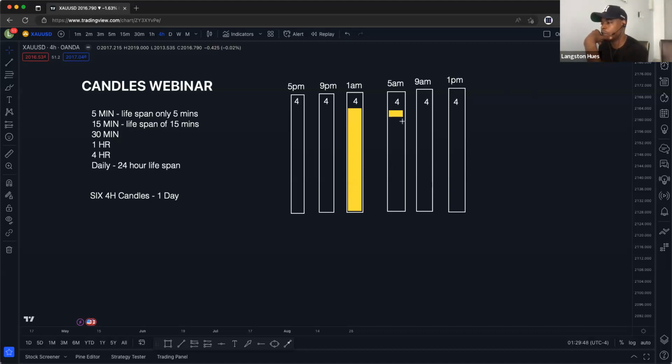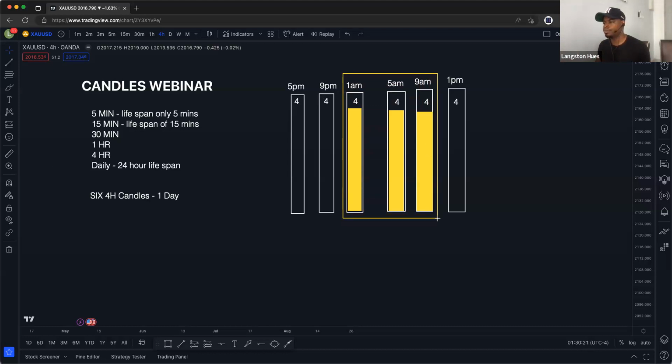It's going to be this one here, which is already inside of London session. And you're looking at pre-New York. You're going to have this one here, which is already inside of New York Stock Exchange, which is already open, as well as the New York Forex market, right? The USD Forex market is already open. So you're going to have these three major opportunities to take trades.